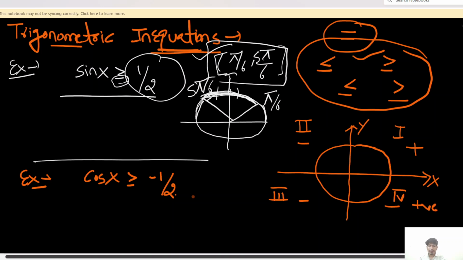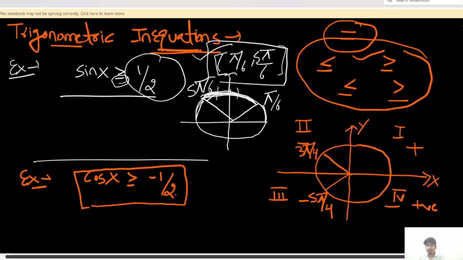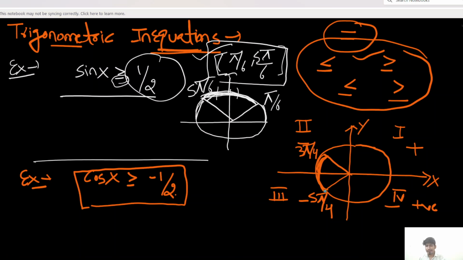Then cos x is greater than or equal to minus 1 upon 2. Where is cos x equal to minus 1 upon 2? Here, at 3 pi upon 4, and here also at 5 pi upon 4. In these values cos x is less than minus half, but in these values cos x is always greater than minus 1 upon 2.